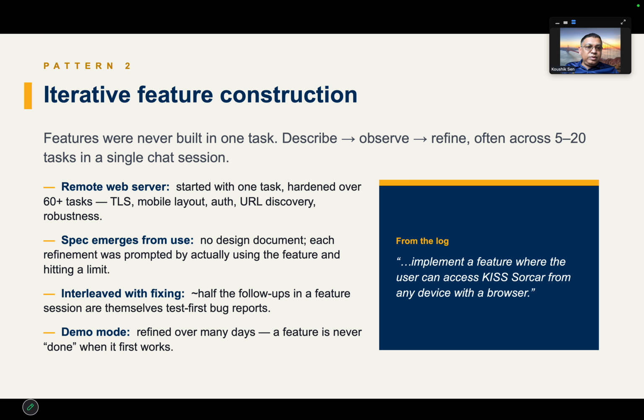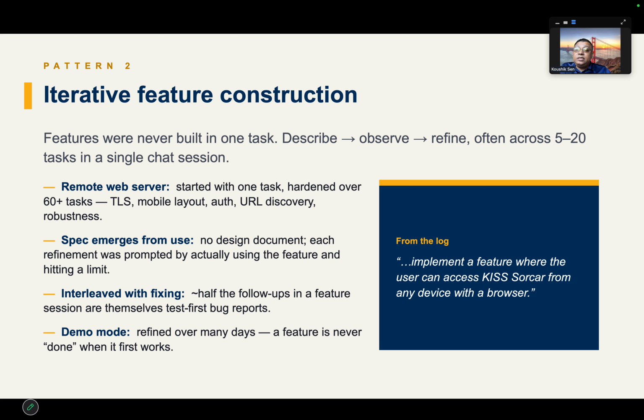I said: implement a feature where the user can access Kiss Sorcar from any device with a browser. It implemented something, it didn't work, and then over 60 plus iterations I started fixing the various issues and bugs that were present in the first implementation.